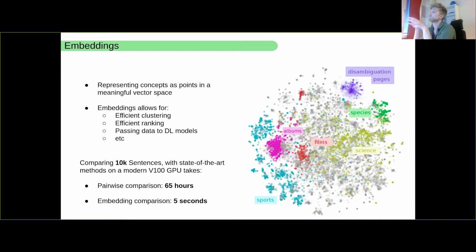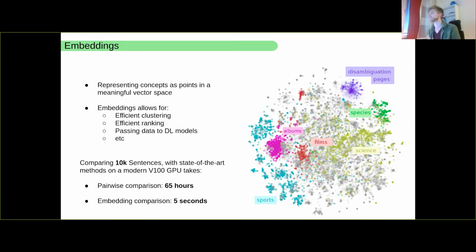However, if we first run the sentences through an embedding method, so that we create an embedding for each separate sentence, and then compare the embeddings, we can do this in about 5 seconds. So apparently it's very, very efficient to do this. And it's kind of mandatory. You can't keep comparing things pairwise.